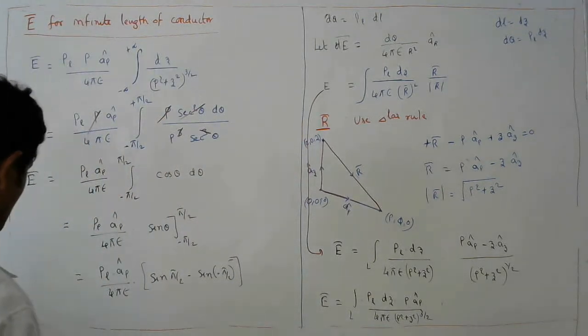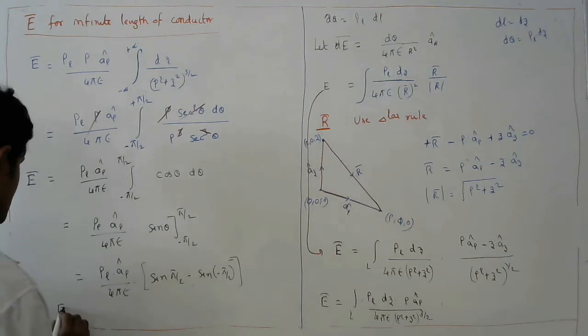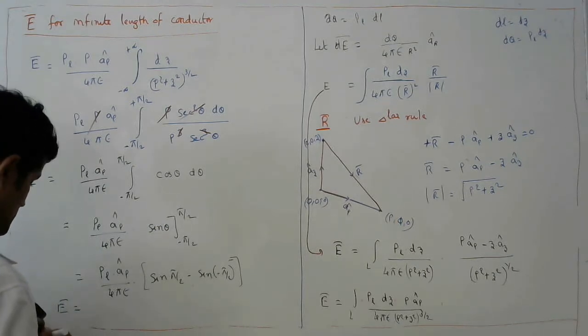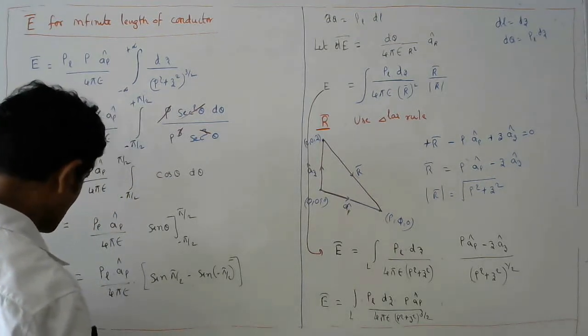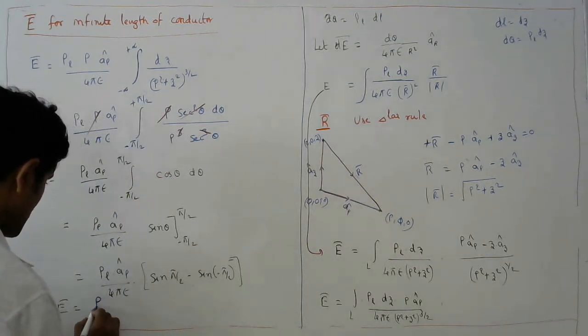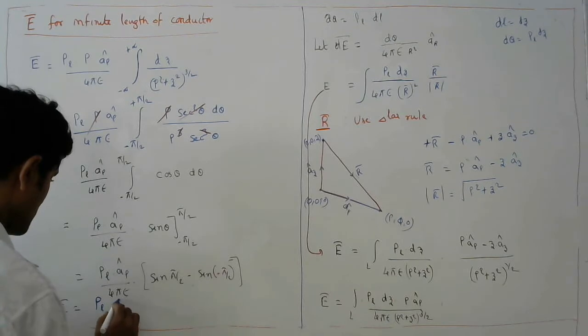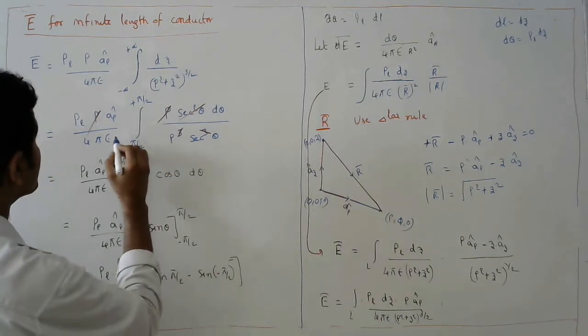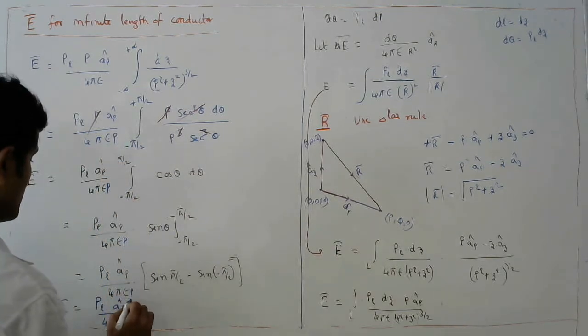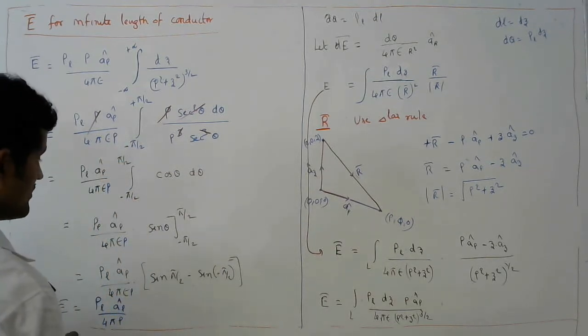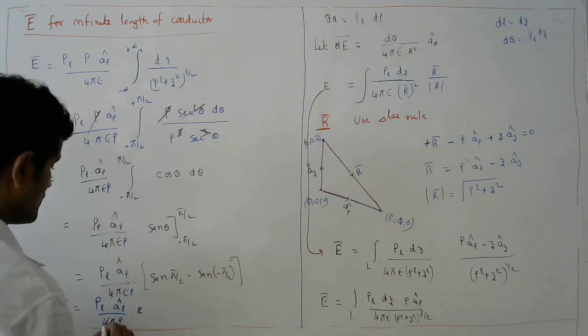So the electric field intensity E bar is equal to rho L into a rho cap by 4 pi, with one extra rho in the denominator, and the 2 times.